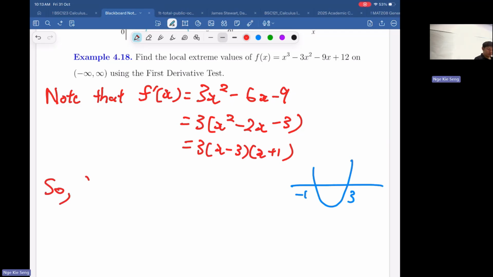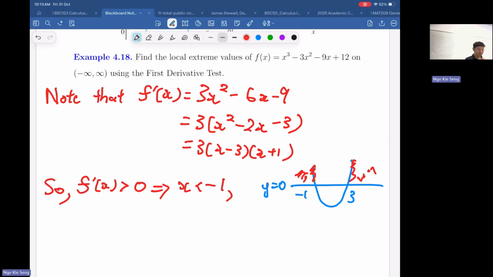There are a few things you want to determine. When is this function greater than 0? Any idea? Actually, this line is the y equals 0 line, right? So for all this top part here, these are all the points that are less than -1 or greater than 3.